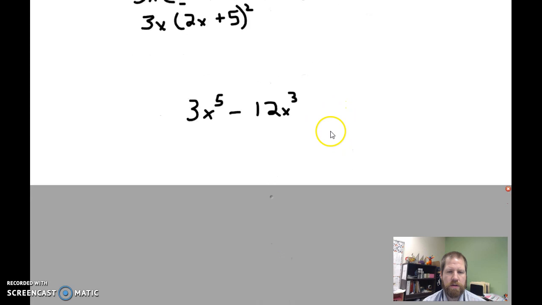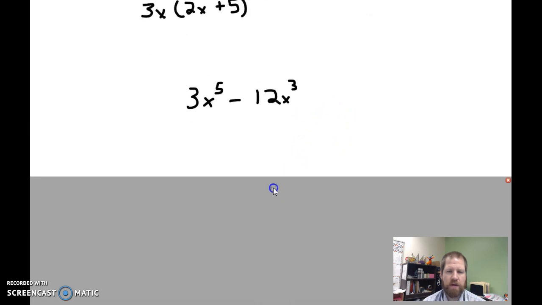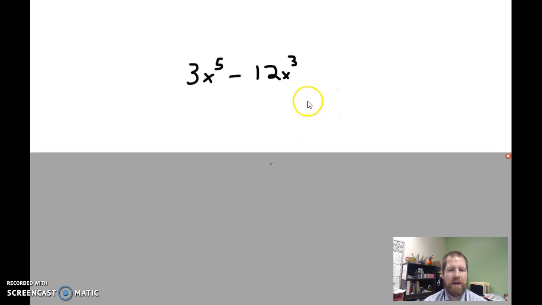Alright, so this one we've got just two terms. So immediately when you see one with two terms, you should be thinking about the difference between two squares. Alright, in this case I've got 3x to the 5th minus 12x third. That's another thing you'll need to have if it's a difference of two squares, is it needs to be a difference, it needs to have a subtraction.